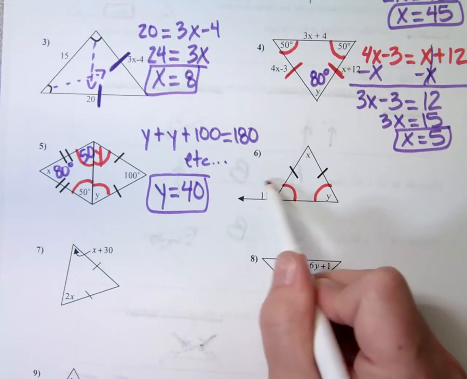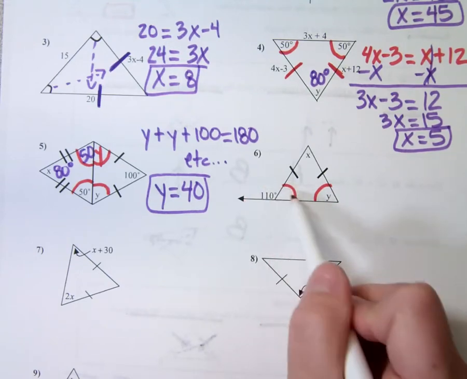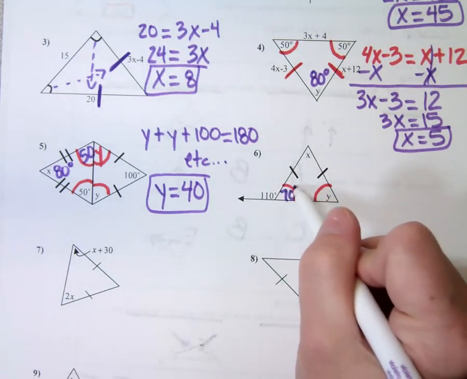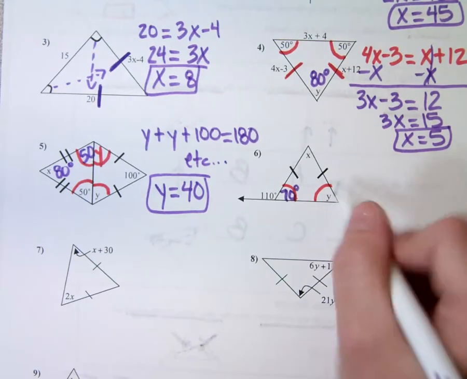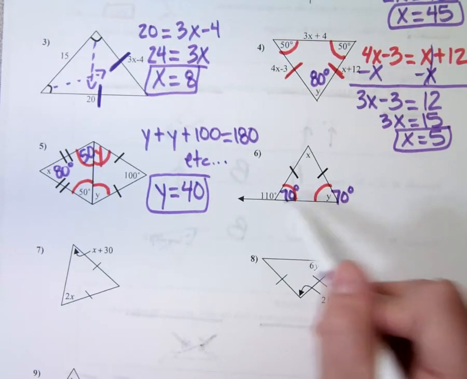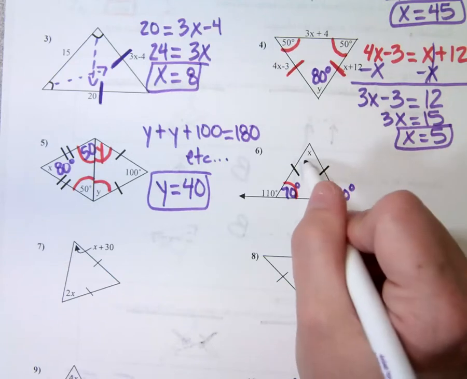What do you know? How far is it from here to here? 180. So if this is 110, what's this guy? 70. If this one's 70, what's y? 70. And if these are both 70, 70 plus 70 makes 140. So x would be 40.